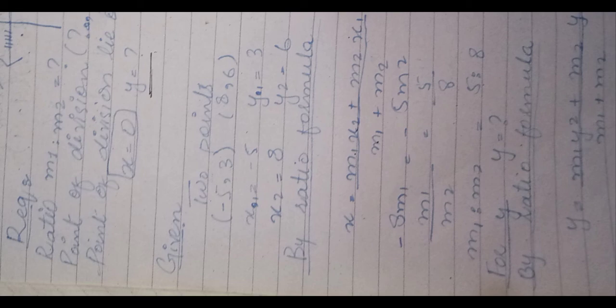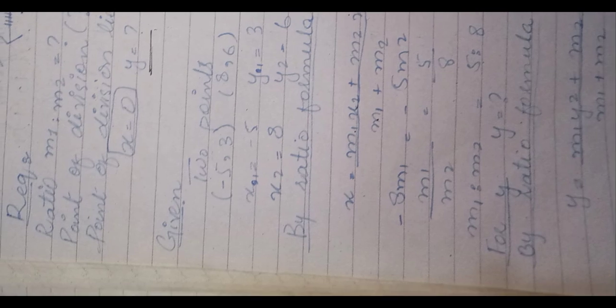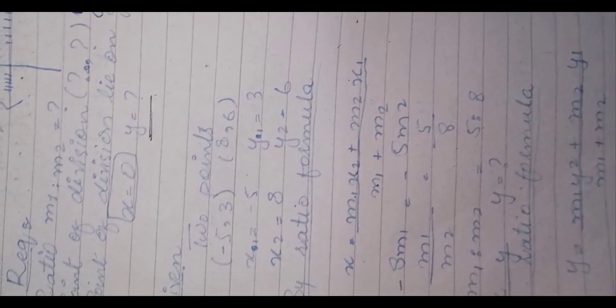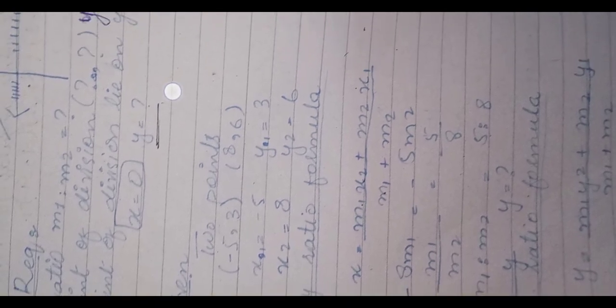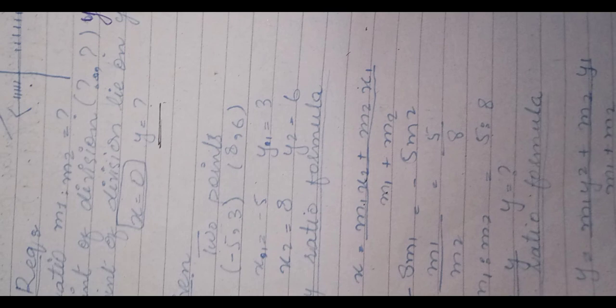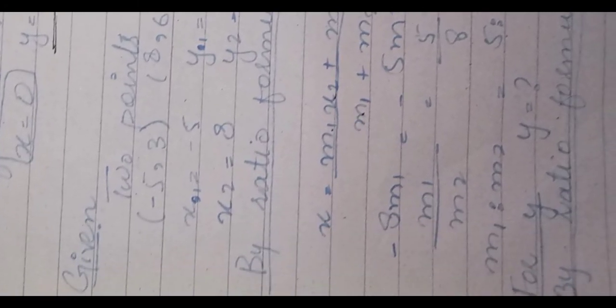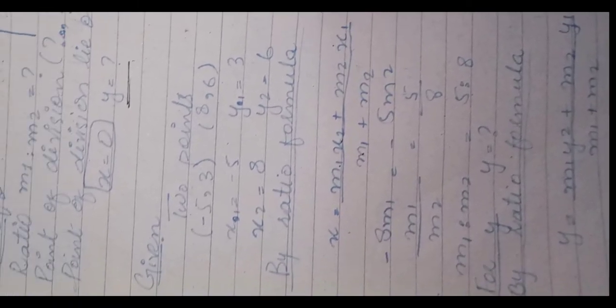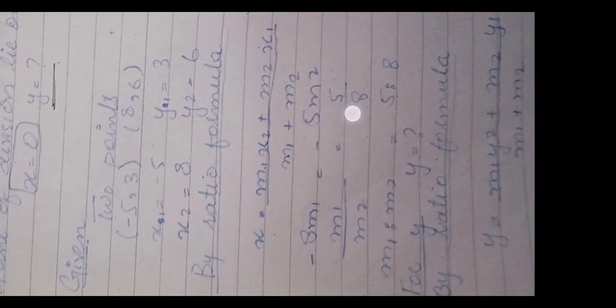Because we know x is equal to 0, we are using the x coordinate formula, not the y coordinate formula, because in the y coordinate formula y is unknown and also m1 and m2 are unknown, so we would have two unknown variables. So we solve just by the x-axis formula, putting x is equal to 0, and solving it, we get the ratio m1 to m2 as 5 to 8. The simplification is very simple, don't get confused over it.